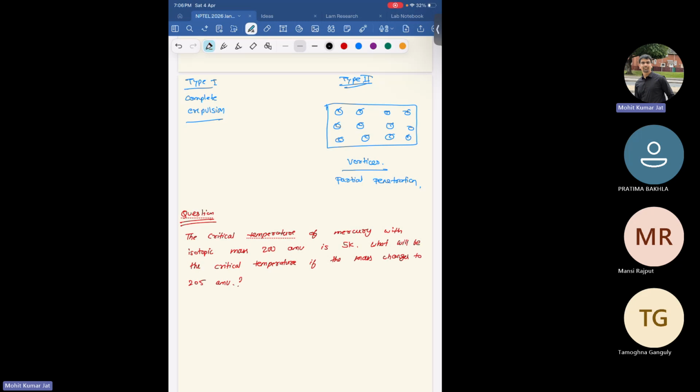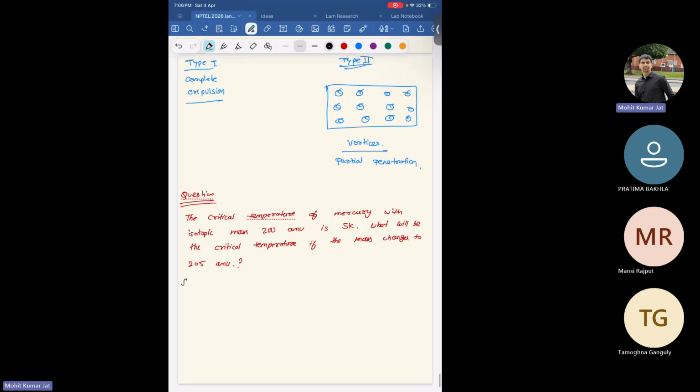So let's solve this problem. Since it is a simple isotope effect, nothing fancy. Let's note down the first thing. M1 is given to be 200 mu. T1 is given to be 5 Kelvin. T2 we need to estimate, and M2 given is 205 mu.